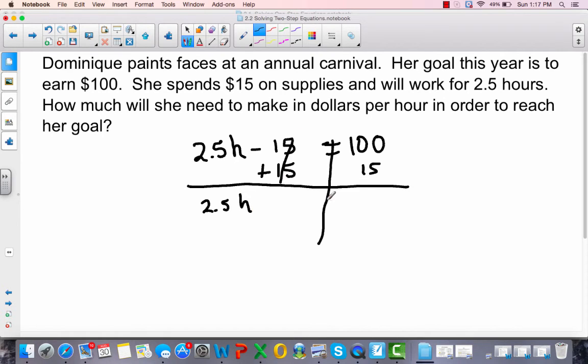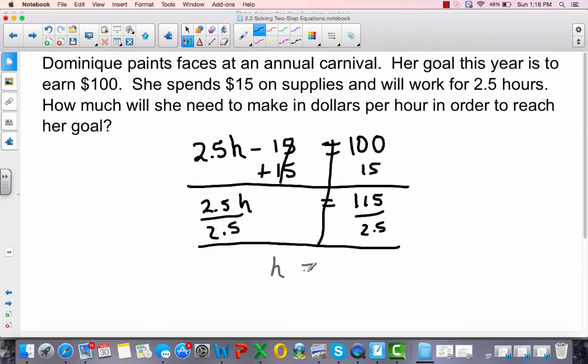These two cancel each other out, and you're left with 115. Divide both sides by 2.5. And that leaves us with h equals 46. How do you like that answer? So they'll be earning $46 per hour.